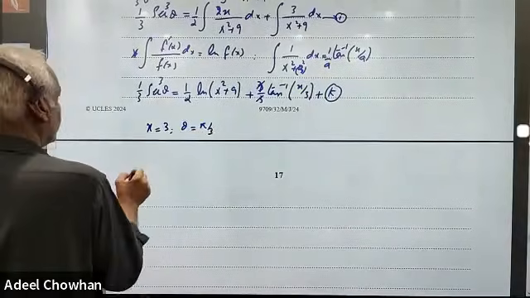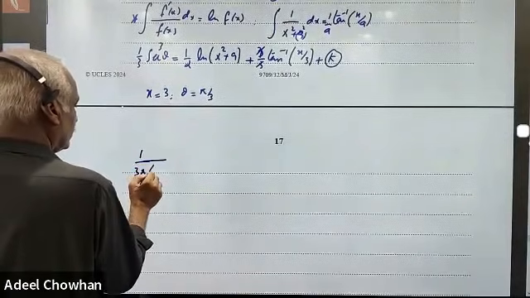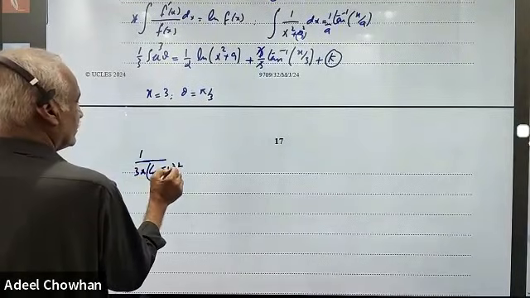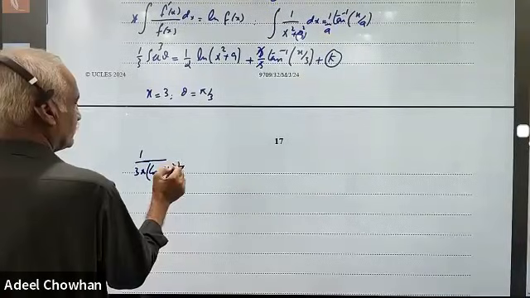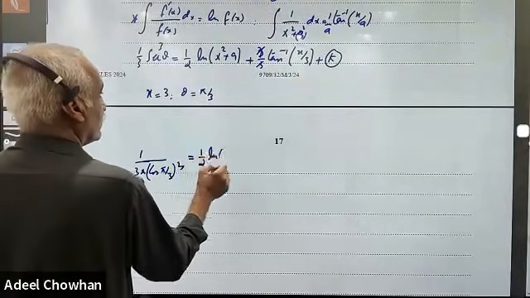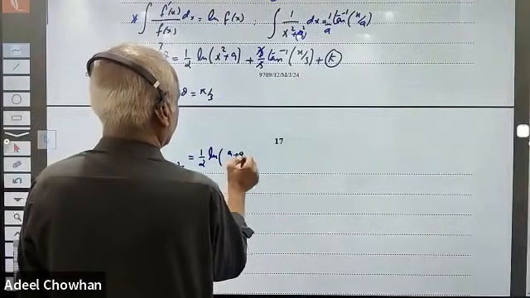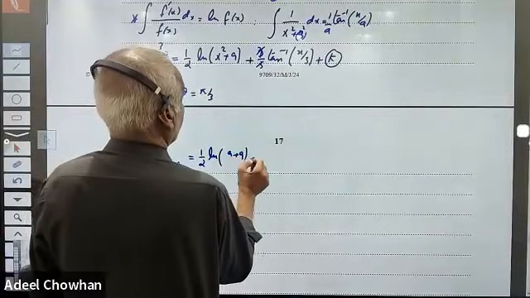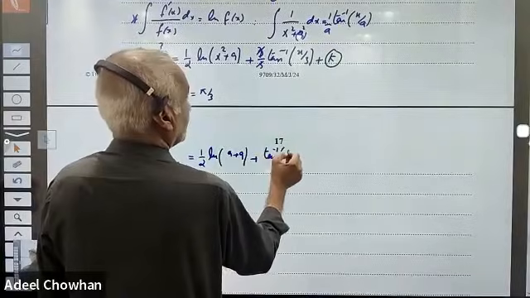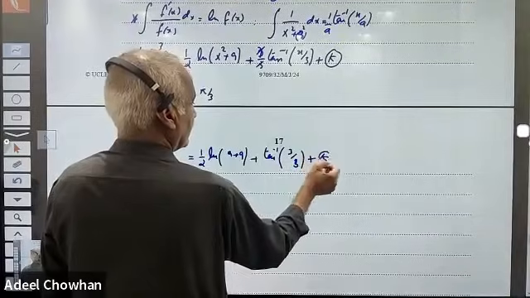Now you put in 1 over 3 into cos of pi by 3 whole cube, which is equal to 1 over 2 log of x is 3 there, so 9 plus 9, plus tangent inverse of 3 by 3, plus k as it is.